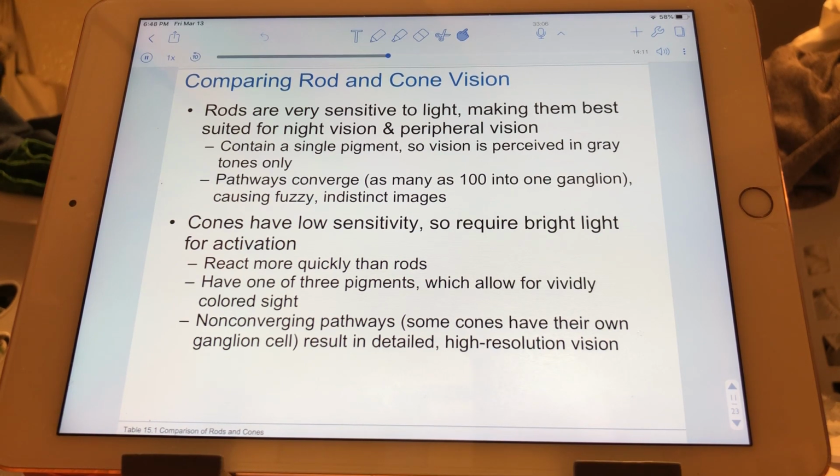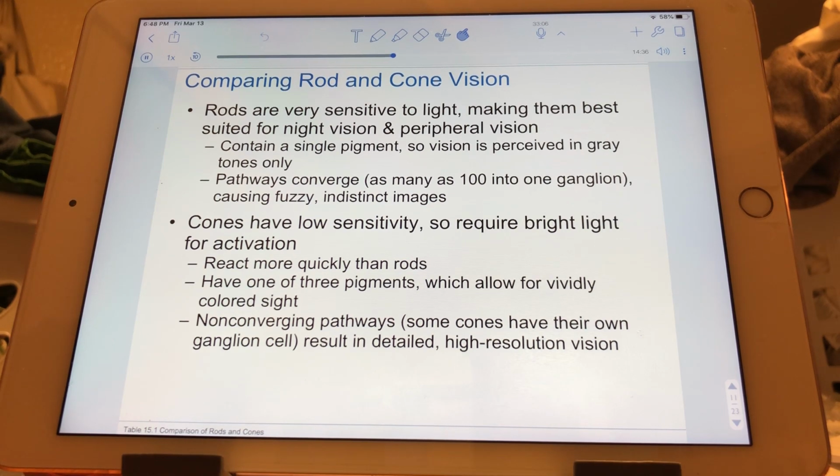cones have low sensitivity to light, and therefore they won't fire in poor light. We do need bright light in order for cones to be activated. They do respond more quickly than rods do.